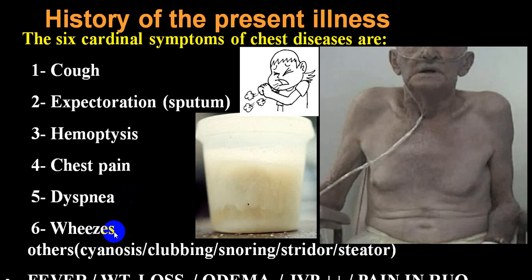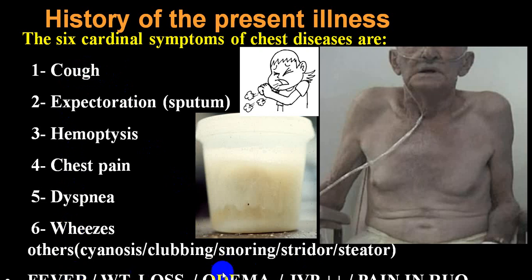Wheeze means prolonged expiration with bronchi. Cyanosis may be one of the findings related to the respiratory system, clubbing, snoring, stridor, etc. are some of the important things which can be correlated with the respiratory system. But these are the common symptoms which are very peculiar of involvement of the lung.